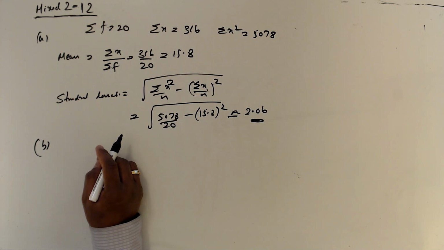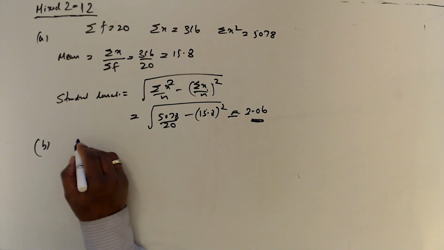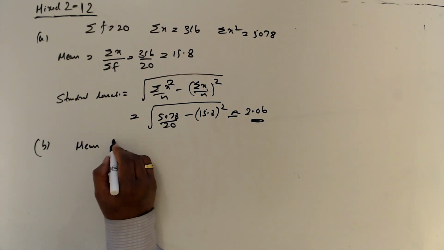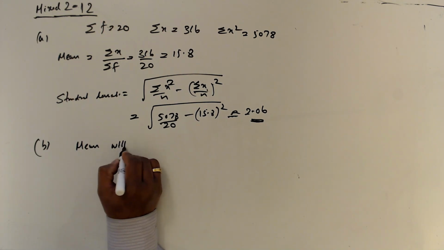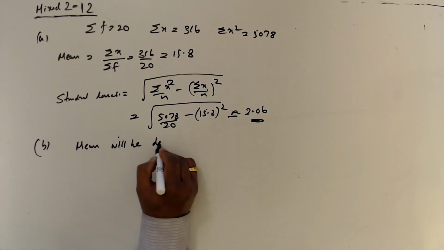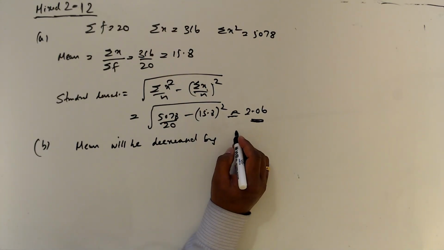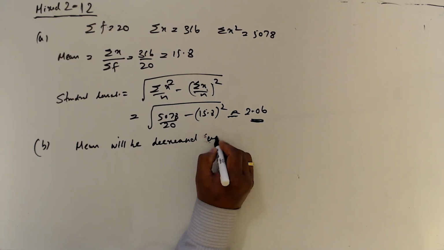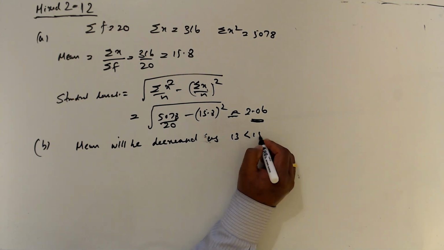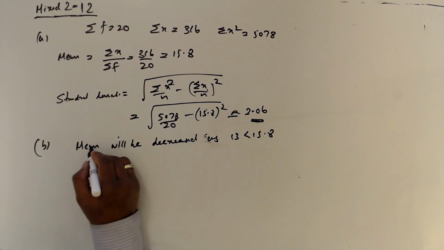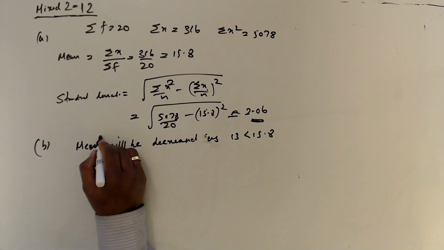One normal one had a wingspan of 13 centimeters. The mean will be decreased, as 13 is less than 15.8, the mean wingspan.